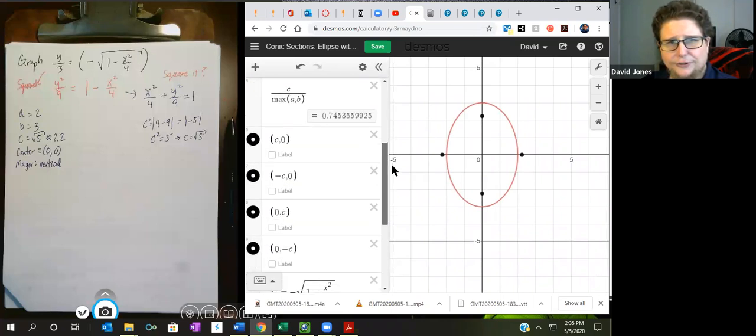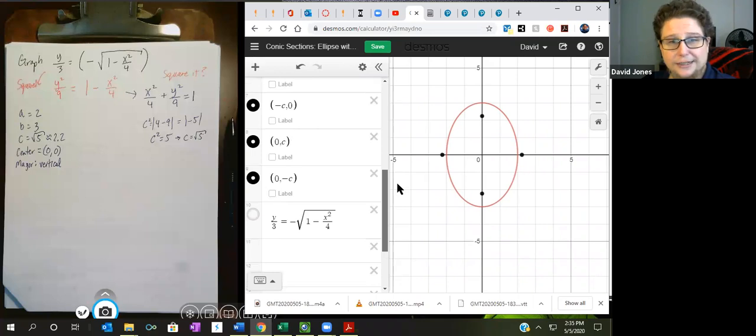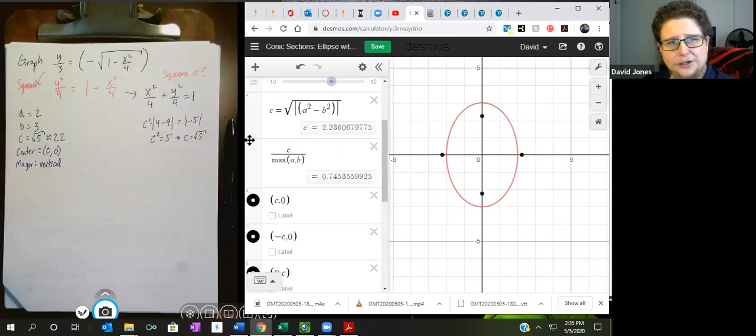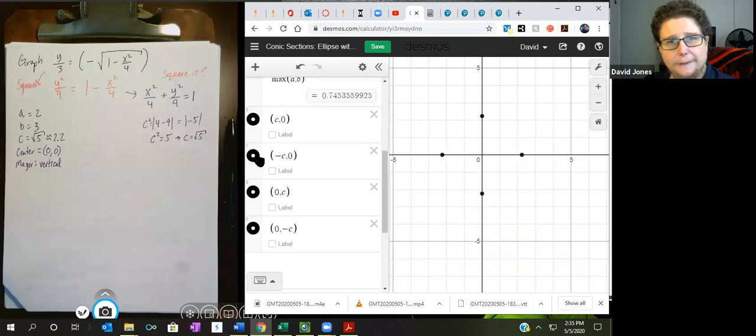There's the whole circle, the whole ellipse, I should say. 3, 3, 2, and 2. Look what happens when I turn that off, though, and I graph the original one.